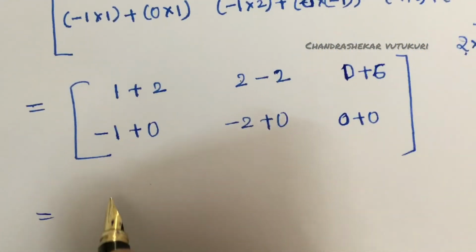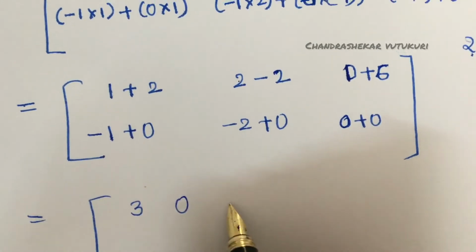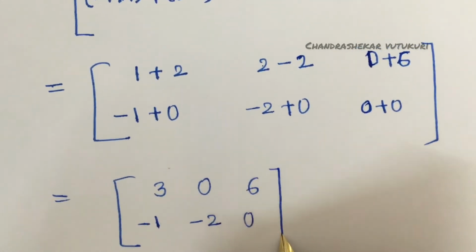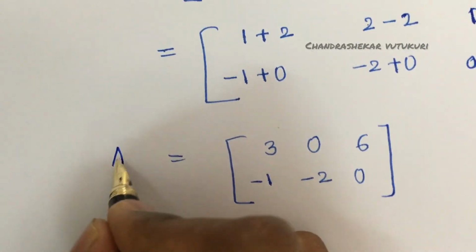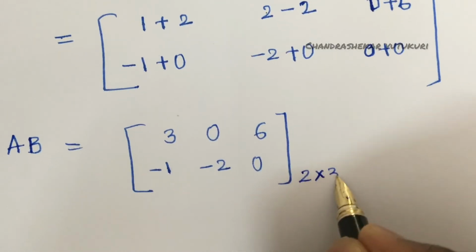Now, the final matrix is 3, 0, 6, minus 1, minus 2 and 0. This is the final matrix, the product of the multiplication, which is of size 2 by 3.